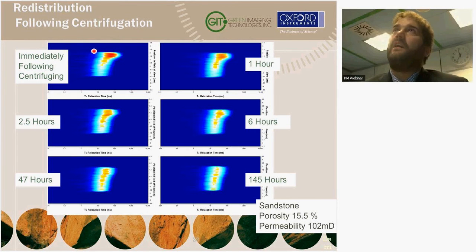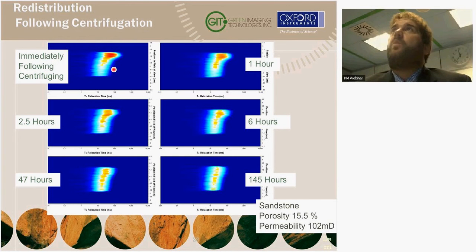At the top we have lots of water, and at the bottom we have very little water. And not surprisingly, where we have lots of water, the big pores are occupied, the longer T2s are occupied. And at the inlet, those longer T2s are empty. It's a good experiment to test the technique.